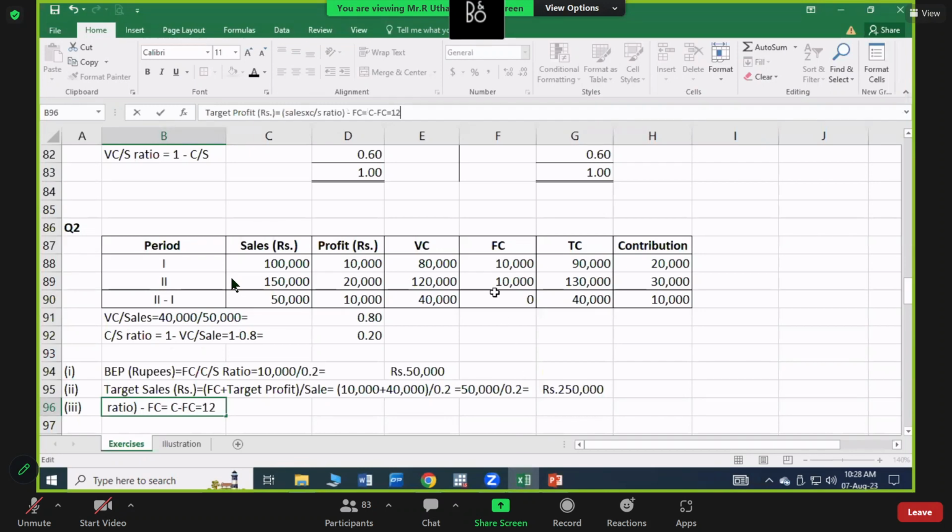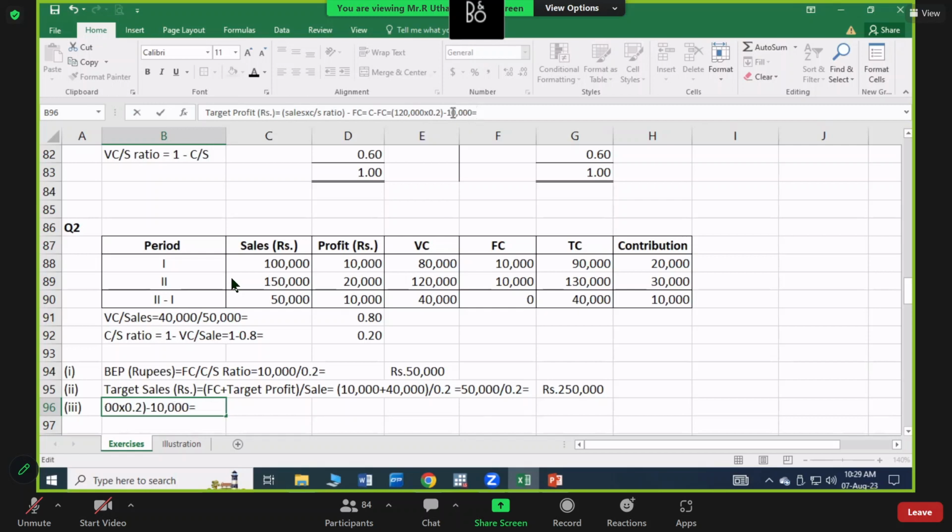So 120,000 into 0.2 CS ratio, minus the fixed cost given 10,000.